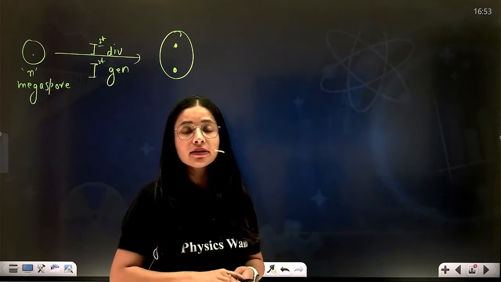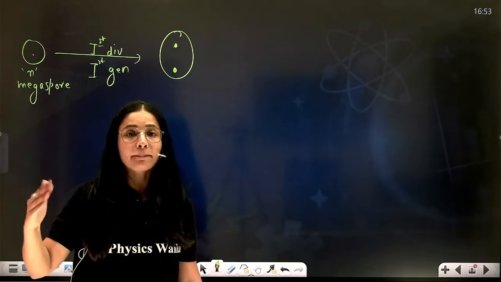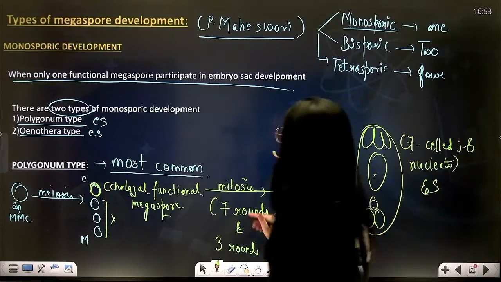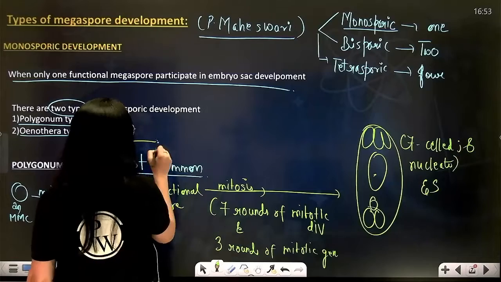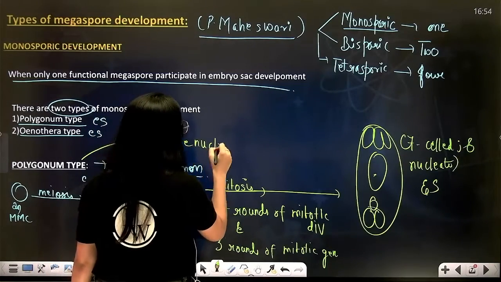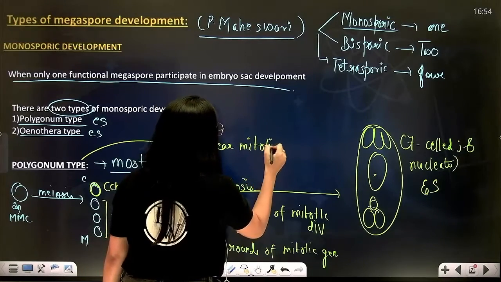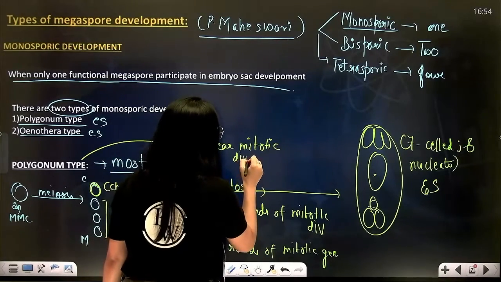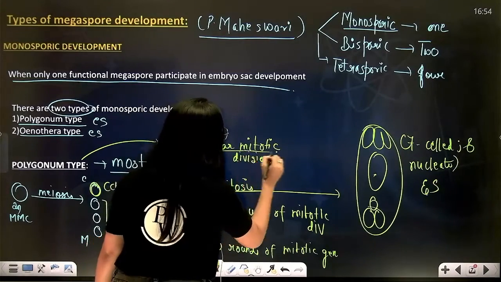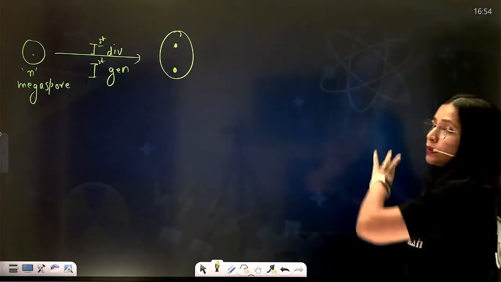Free nuclear means repeated karyokinesis will take place and cytokinesis will happen at the last. This is showing free nuclear mitotic division.